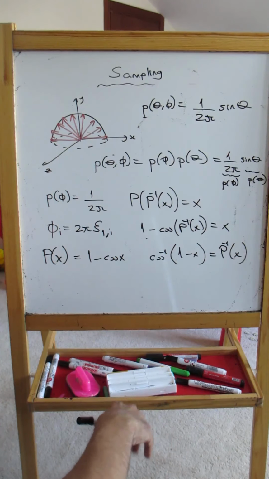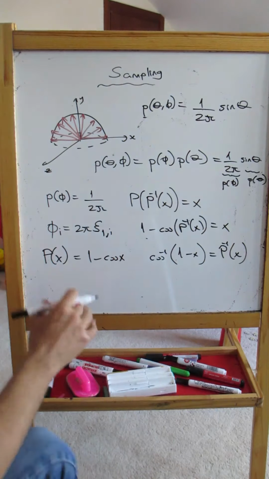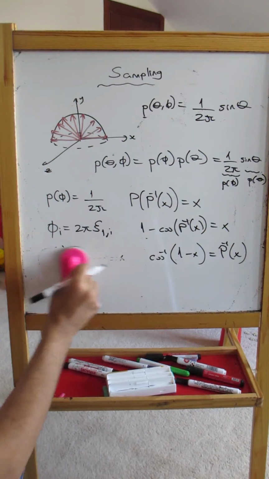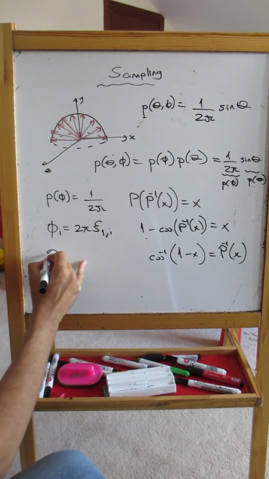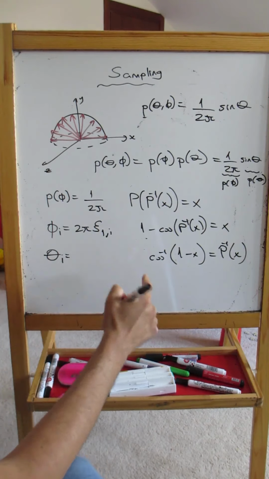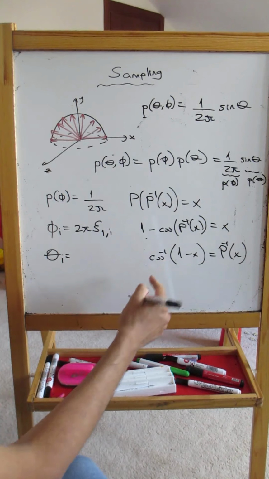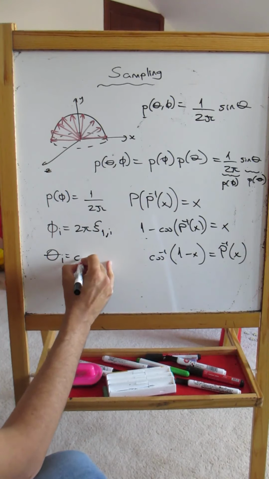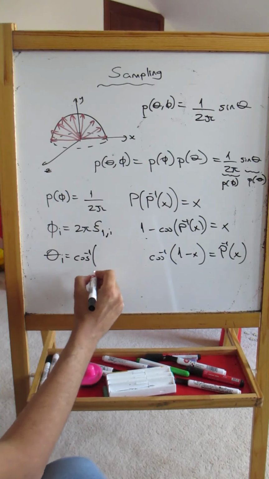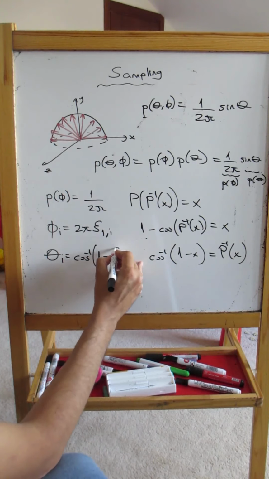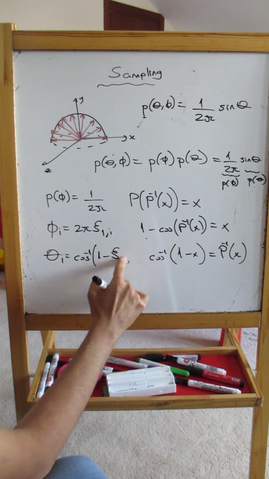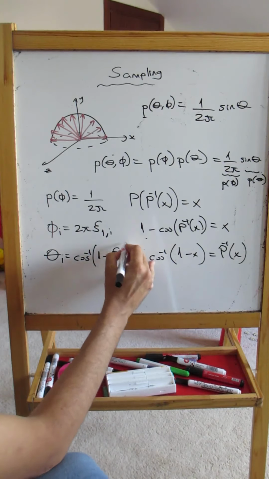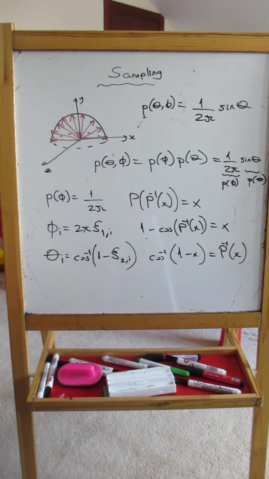So in order to sample the theta value, what we are going to do is generate a random number and give it as input to this one. So cosine inverse of 1 minus chi, chi 2.